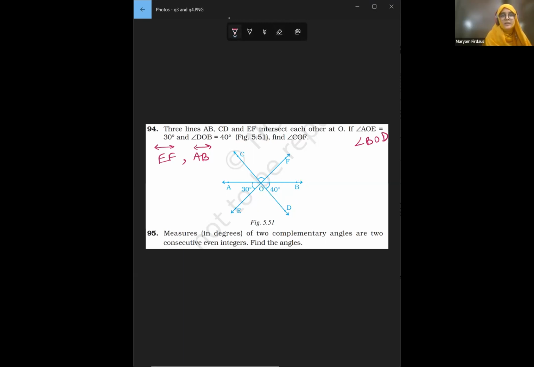Hiba, AOE is this angle. Is it vertically opposite to that? Do they look opposite to each other? No. Opposite of this is this, right? So it will be COF. COF is this one. We are talking about this one. AOC. Yes.